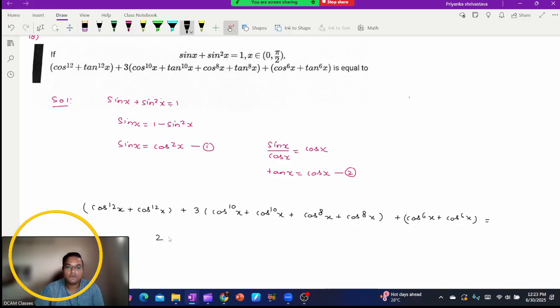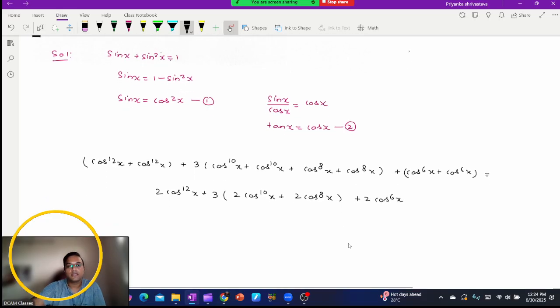So this will become 2 cos power 12x plus 3 into 2 cos power 10x, 2 cos power 8x plus 2 cos power 6x. What I can do is take 2 common and convert cos square x as sin x.